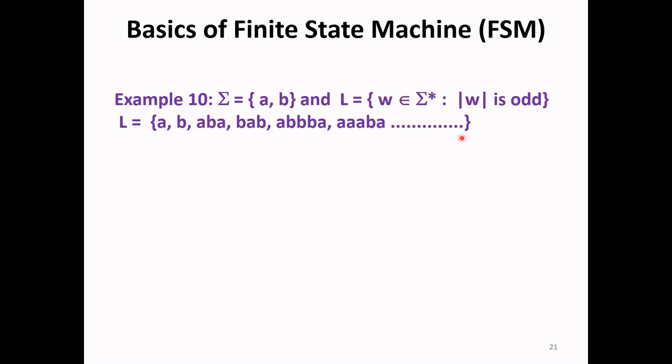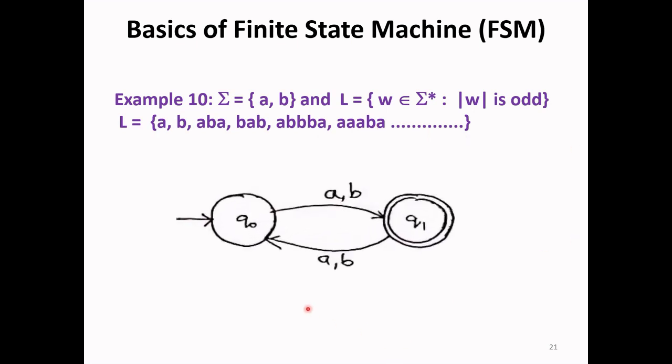Here also the same logic is applied. Start with an initial state Q0. For one input symbol A or B, it reaches the final state. That is, for an odd number of A's or B's, it will be in the final state. When it comes across even string length, it will be back in the intermediate state.